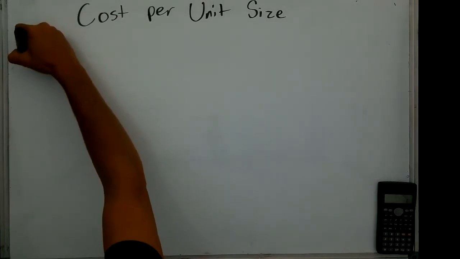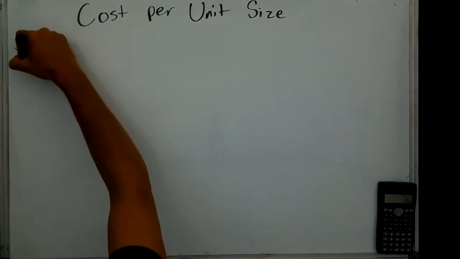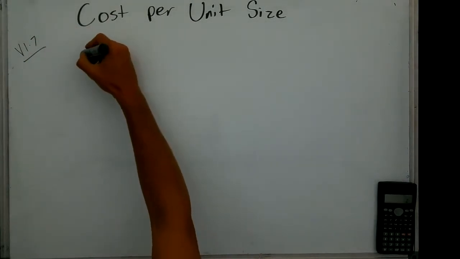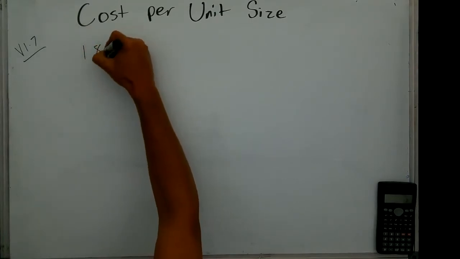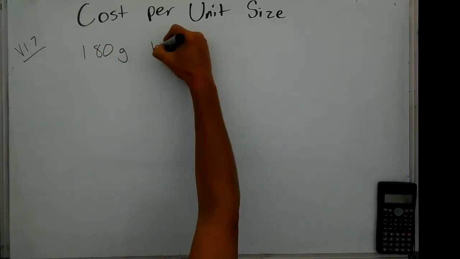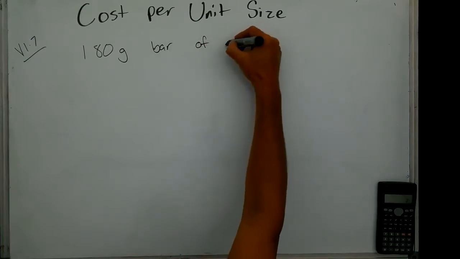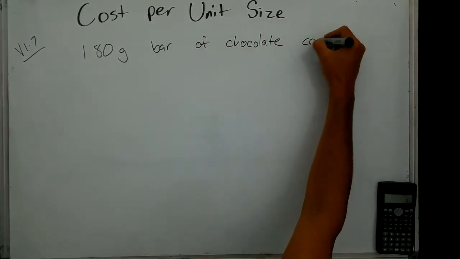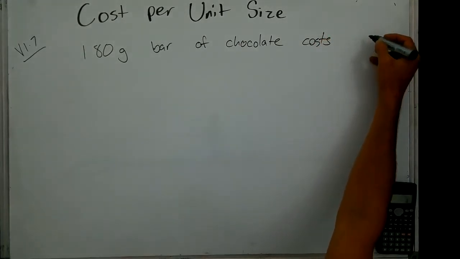This is the 1.7. So we're told that a 180 gram chocolate costs $3.50.